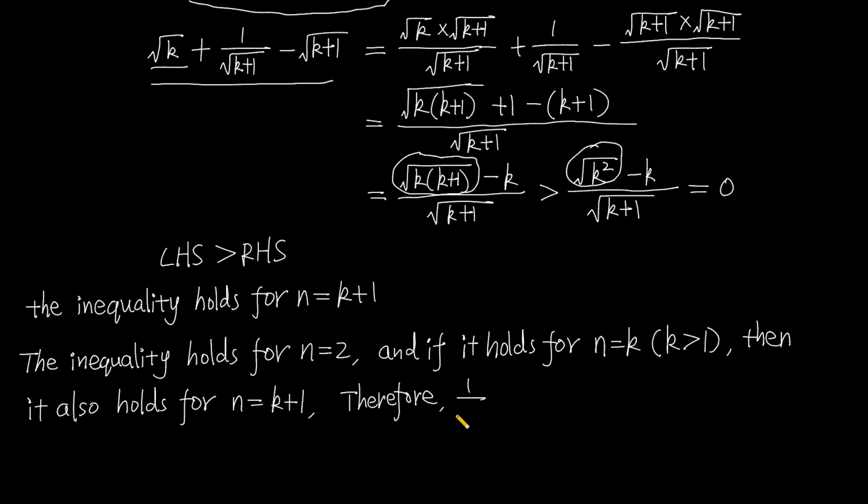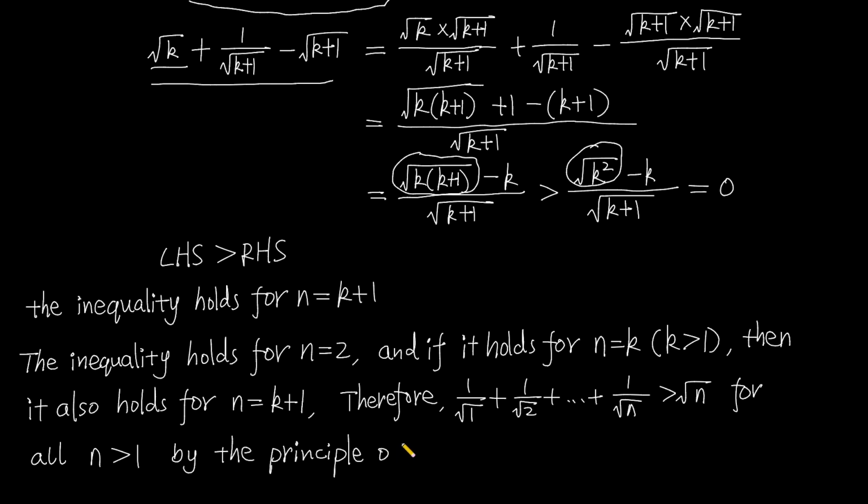Therefore, 1 over square root of 1 plus 1 over square root of 2 plus ... 1 over square root of n is larger than square root of n for all n larger than 1 by the principle of mathematical induction.